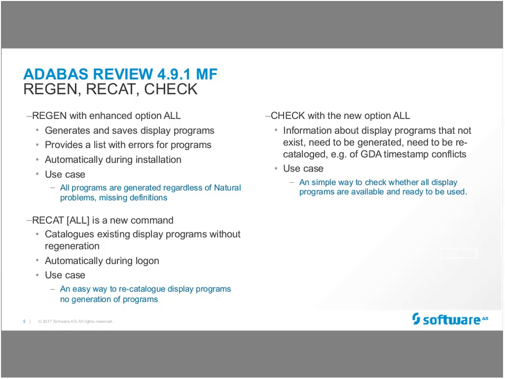What it does not do is touch any specific display programs or user-defined programs. It's just to regenerate what we deliver. And the use case, of course, is that all programs are generated regardless of natural problems and missing definitions, so that you can start. It might happen that you need to recat or do another CATALL.